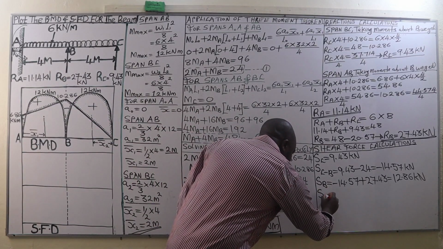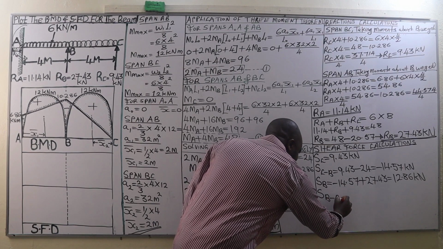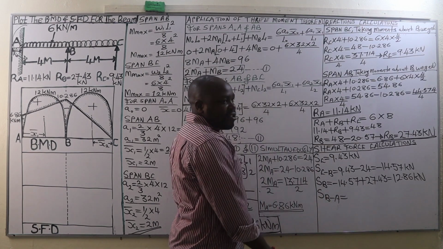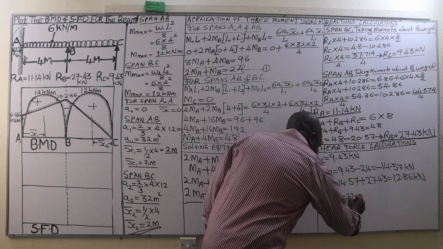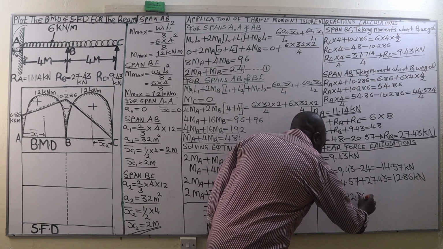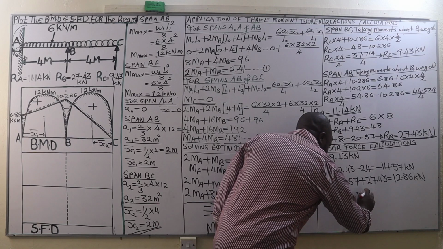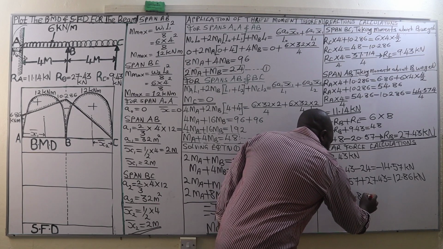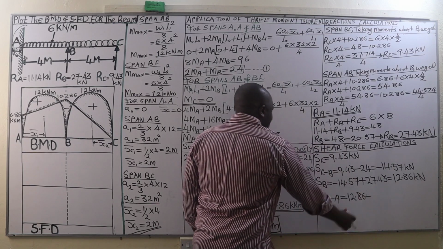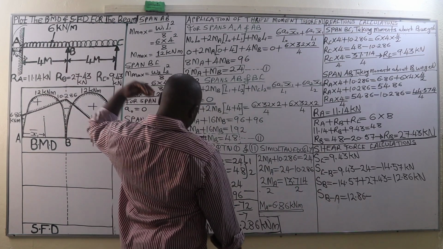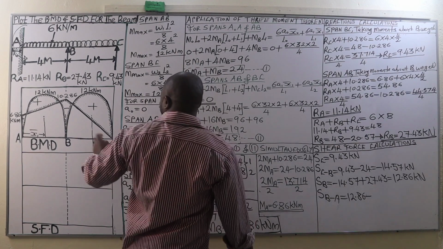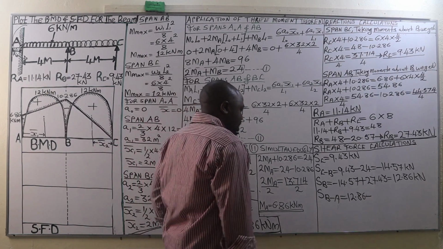Therefore, shear force between B and A is going to change uniformly from 12.86 kilonewtons all the way to 12.86 minus the UDL between B and A, which is 6, convert it to point load, multiply it by 4, that happens to be 24.